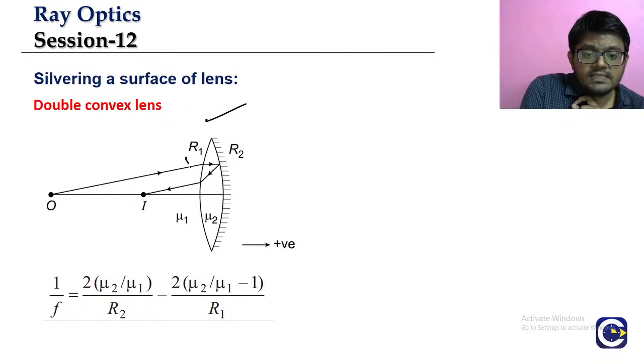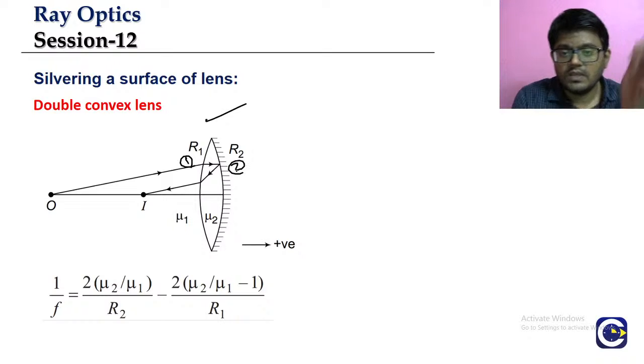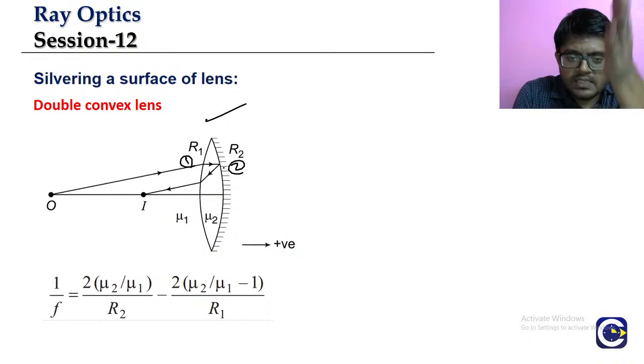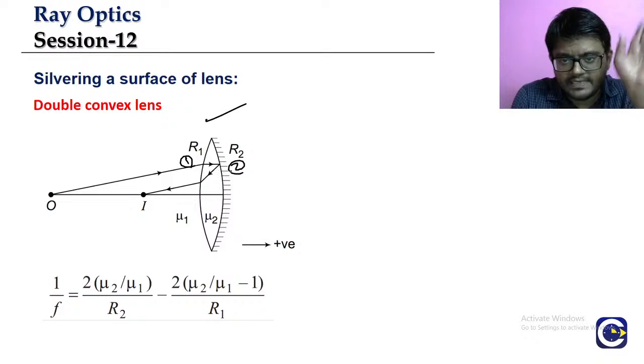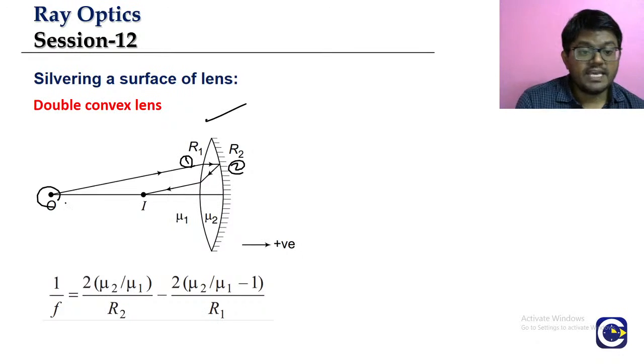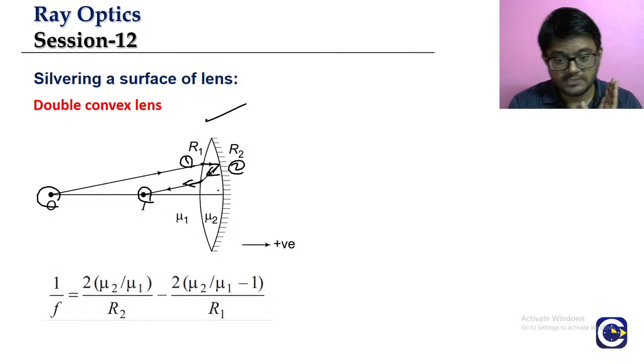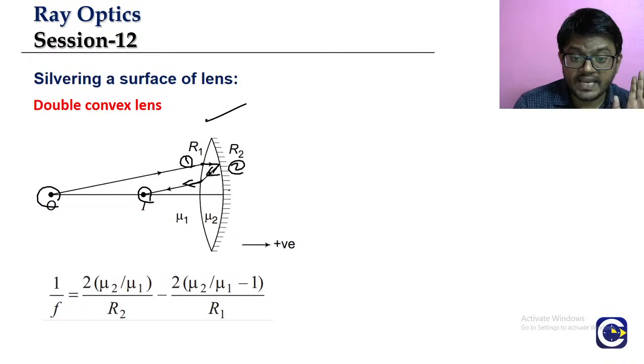Okay, this is surface 1, this is surface 2. Usually surface 2 will be the silvered or painted surface. We are taking the object. Light rays from the object will come. As I said, they will get refracted at surface 1, then reflection at surface 2, then again refraction at surface 1. That will give us the final image formation.